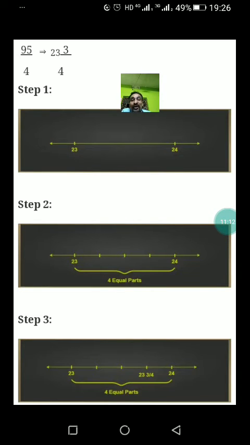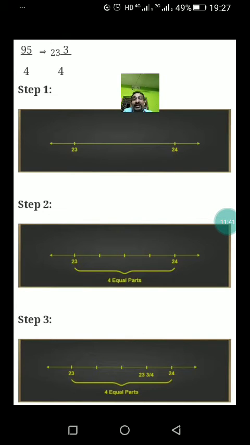Now, we draw a straight line. We know that 23 and 3 by 4 has a location between 23 and 24. It means, where is 23 and 3 by 4? 23 and 3 by 4 lies between 23 and 24.